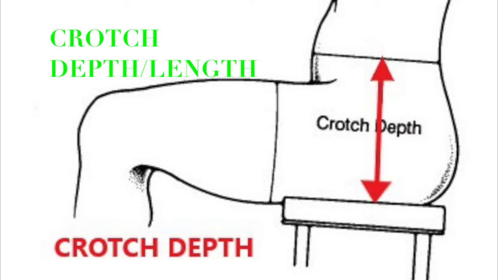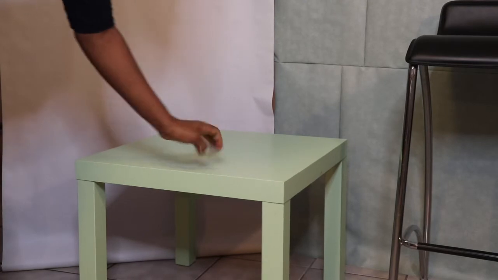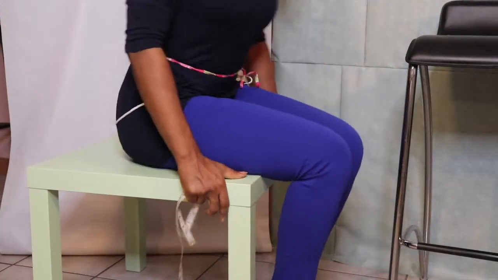The next vertical measurement is the crotch depth. To take this measurement, grab a chair with a solid surface to sit on. Make sure the chair is of a good height so that when you're sitting, your leg is at a 90-degree angle.